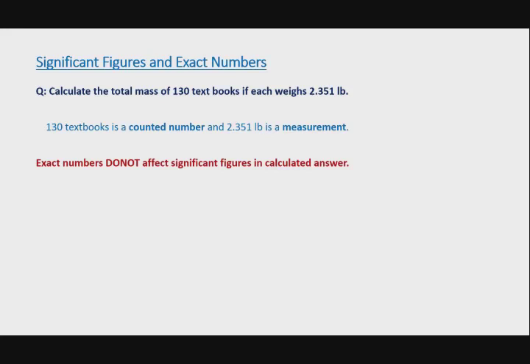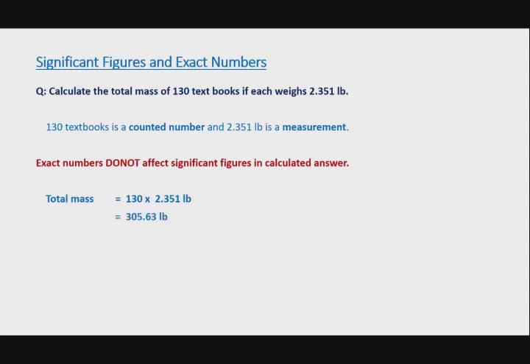When you carry out such calculations, the exact number, the counted number, does not affect the number of significant figures in the answer, which basically means that if you were to multiply the two numbers to get the mass of the total pile, the entire pile of textbooks, you would get that as the answer.